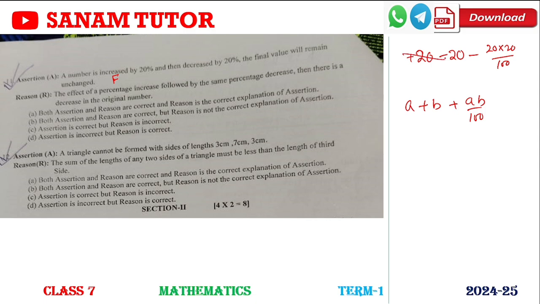So 20 minus 20 cancel, minus 400 by 100, that is 4, meaning a 4% decrease. The question says unchanged, so this one is false.